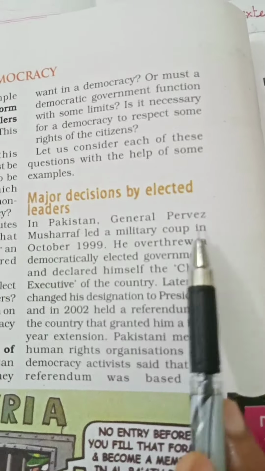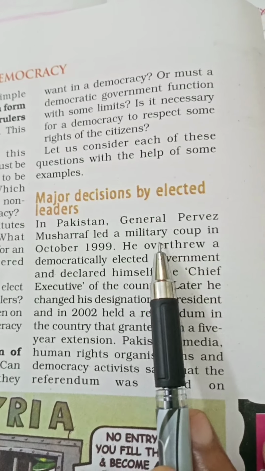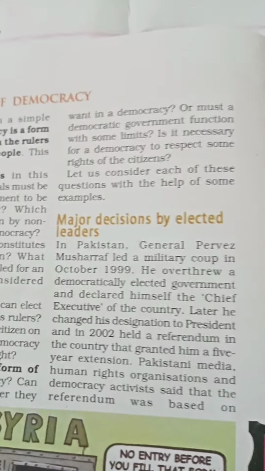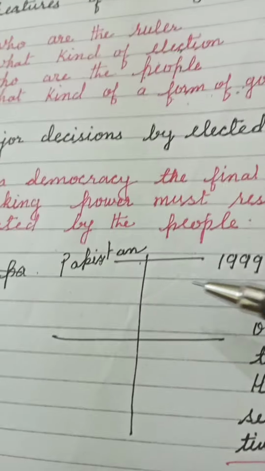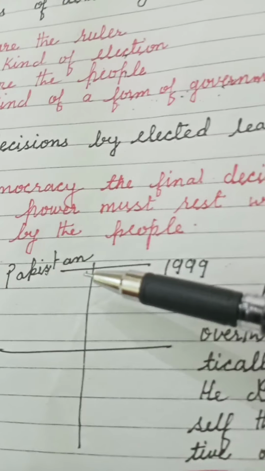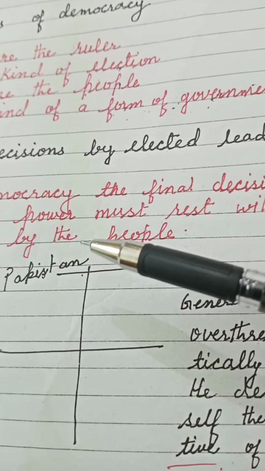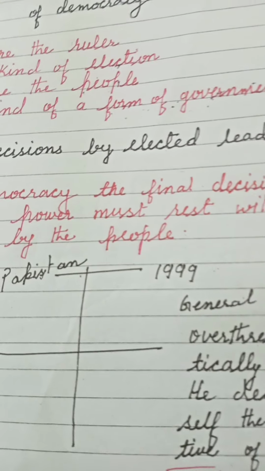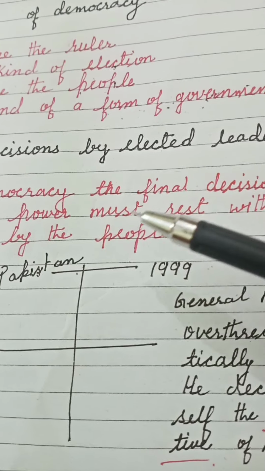In Pakistan, General Pervez Musharraf was there, and what happened here? We both got independence together, is it not? 1947, India as well as Pakistan.